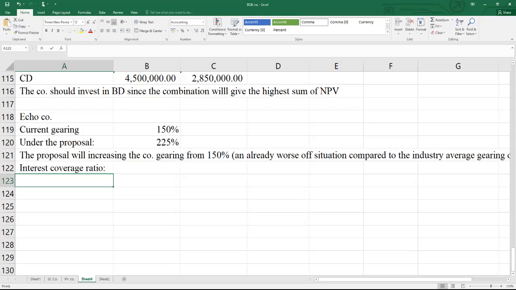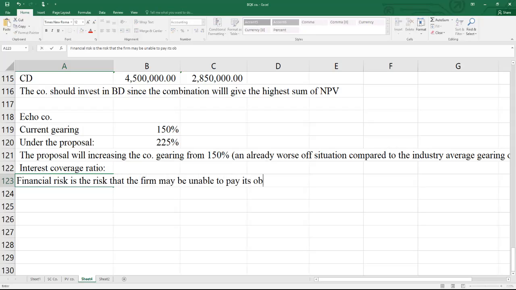Let me just make a mention. Financial risk for a company is the risk that the firm may be unable to pay for its obligations due to its financing structure.